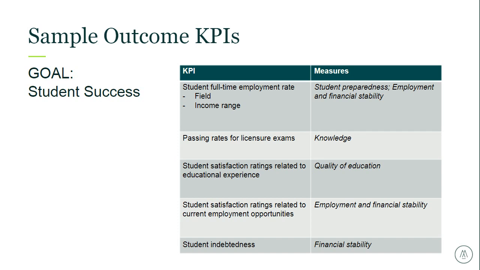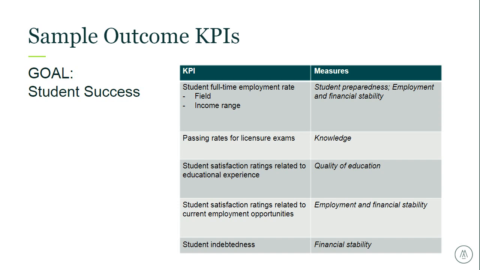This might be to do with licensure exams, depending on the topic area. This can also be some of that more qualitative data that you're gathering directly from students, asking them about what is their educational experience like? Well, how would they rate that, especially sort of at this moment in time? And then finally, student indebtedness is the one that's coming up quite frequently.